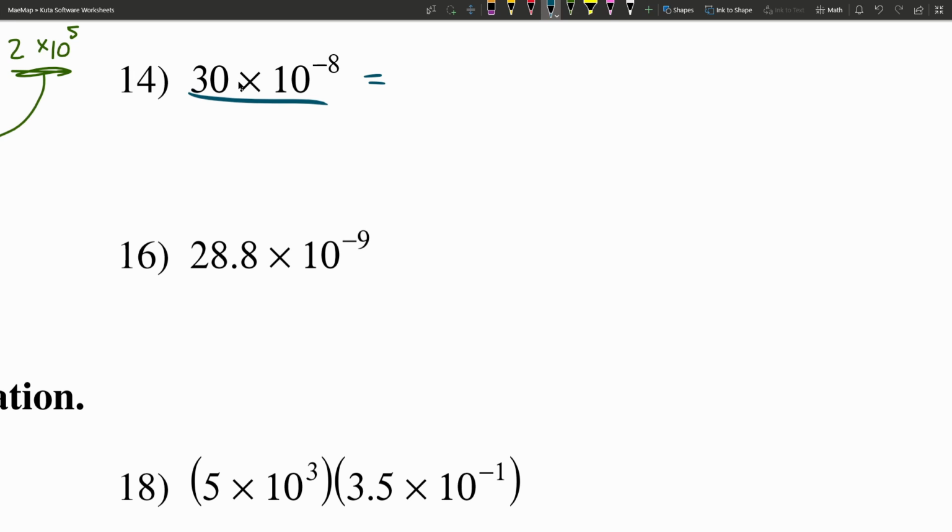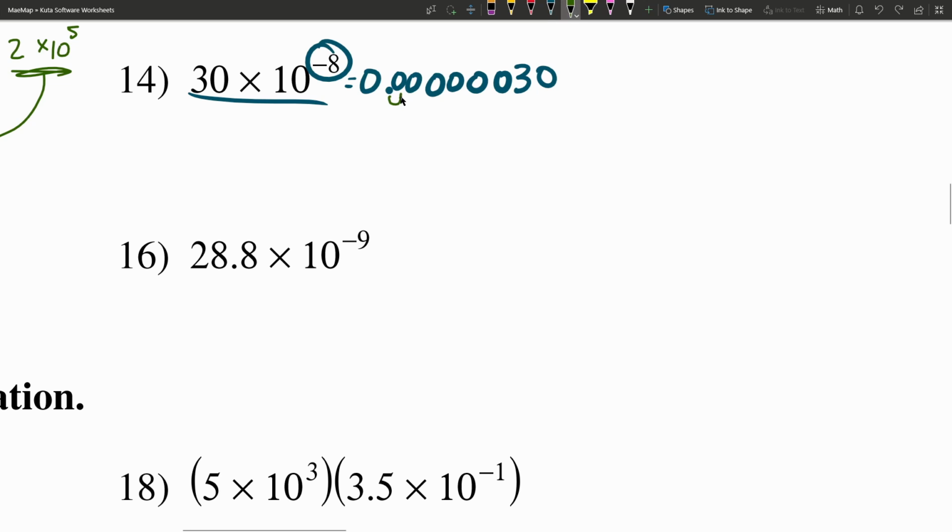So if we're moving the decimal 8 times to the left, we're taking this number 30, here is our decimal, and we're moving it 1, 2, 3, 4, 5, 6, 7, 8. So we're going to have 0.00000030.